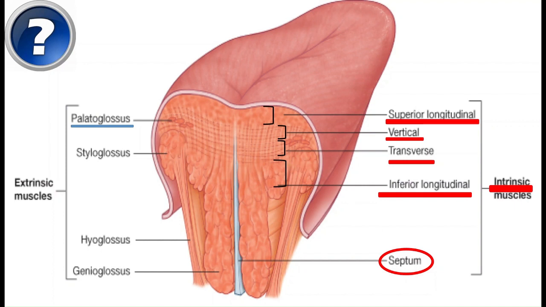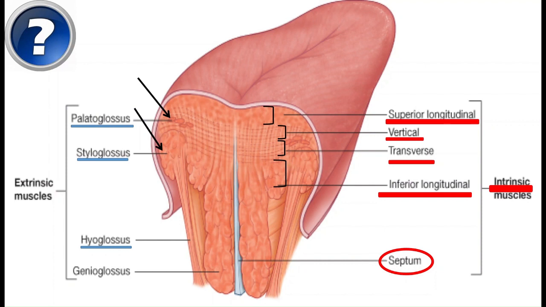Now there is the palatoglossus, a muscle coming from the soft palate to the tongue, and then we have the styloglossus, a muscle coming from the styloid process, which is posterior and higher up, and when this styloglossus muscle contracts, it is going to pull the tongue up and posterior.